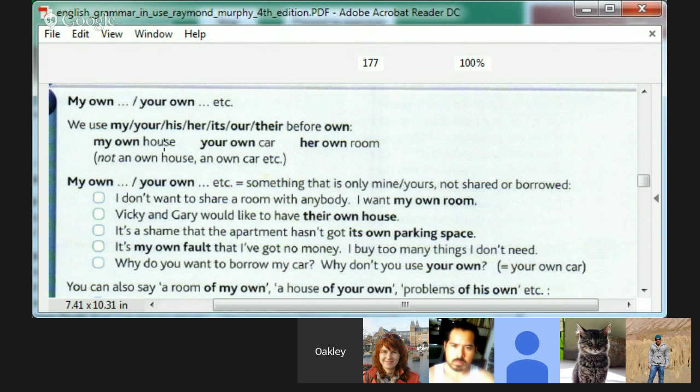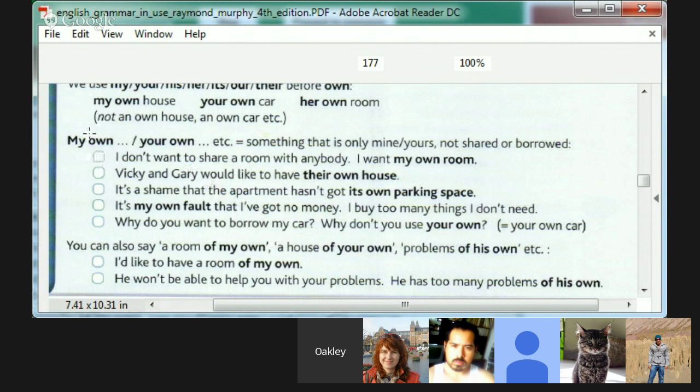So all nouns have to have some kind of determiner. If you use a possessive pronoun, you don't need an article. It's actually simpler than it looks.